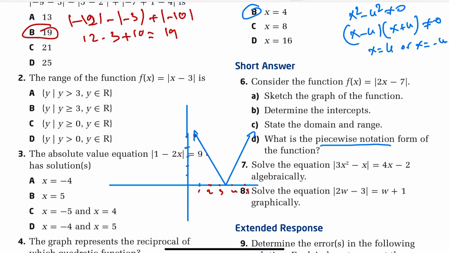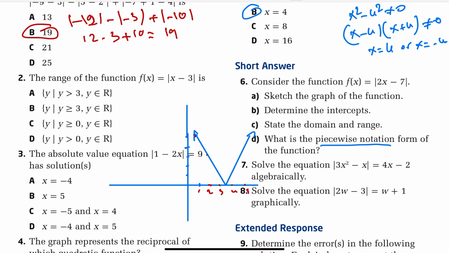The x-intercept is 3.5. So when x is greater than 3.5, the graph of y, which is the absolute value of 2x minus 7, is the same as 2x minus 7 without the absolute value brackets. So let's write that.